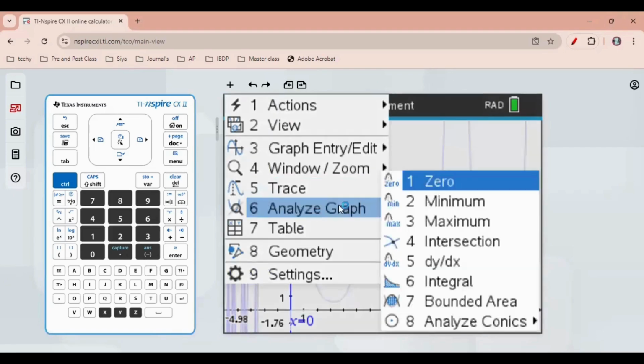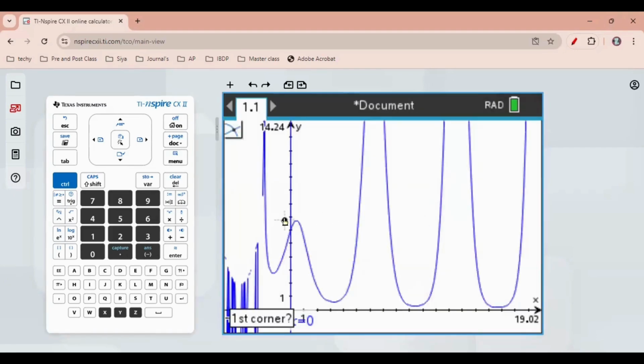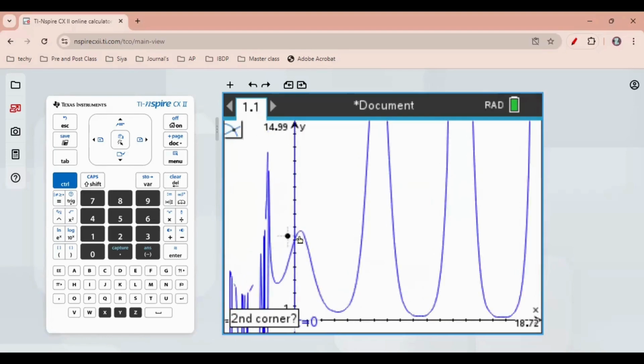Let's find the intersection. The intersection is around here. It's clearly 0, 6, but sometimes there are very minute values.